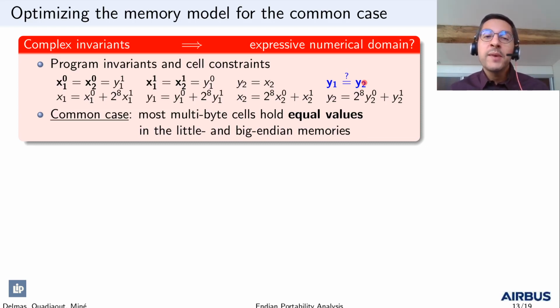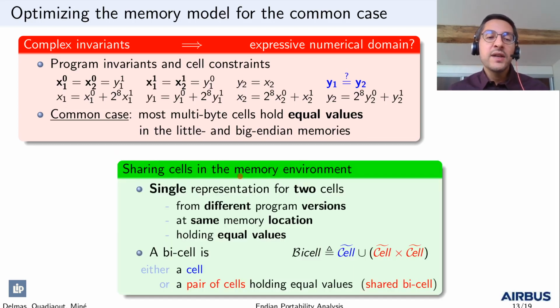Therefore, we optimize our memory model for this common case, and we do it by sharing cells in the memory environment. We want a single representation for two cells from different program versions, but at the same memory location and holding equal values. We thus define B cells to be either a cell or a pair of cells holding equal values, which we call shared B cells.